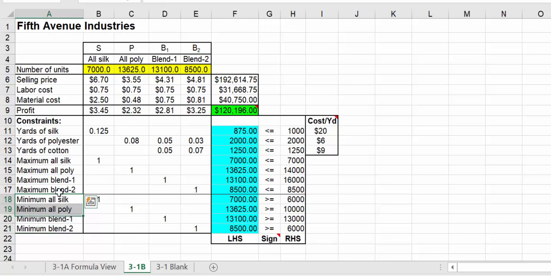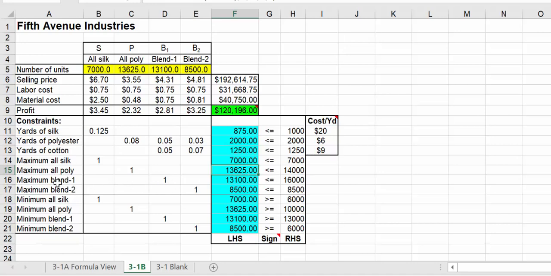If you look at silk, it was maxing out at 7,000 and minimizing at 6,000. So anything between 6 and 7 is okay. But one thing we notice is, for example, polyester ties, they said they would like up to 14,000, but they didn't make 14,000. So that's where the outsourcing can come in.